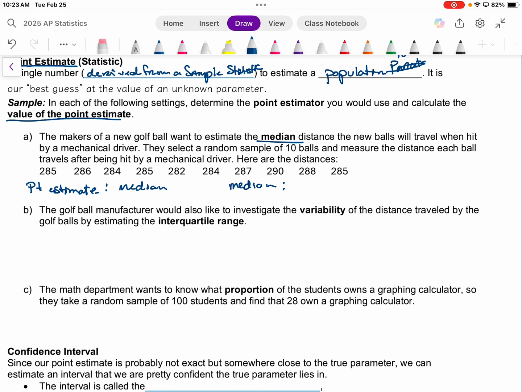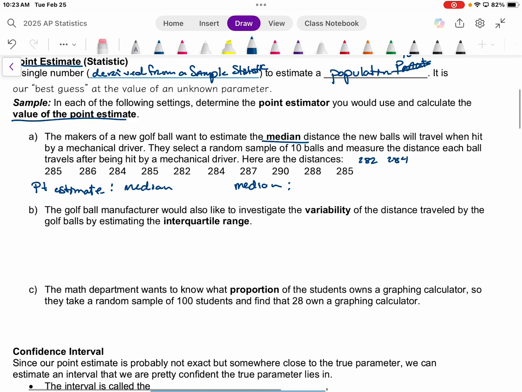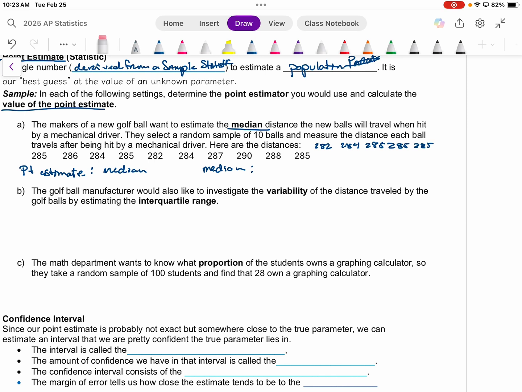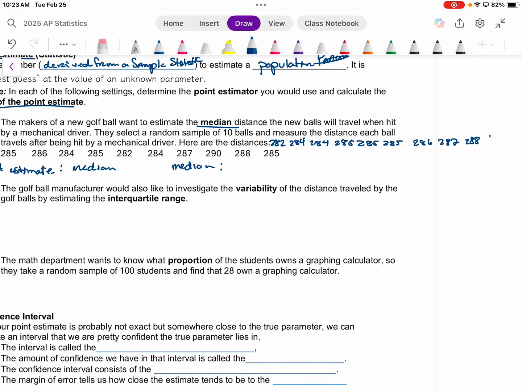If I list them in order, I think it goes 282, then 284, and there are 2 of the 284s, then three 285s, then 286 once, 287, 288, and 290. 1, 2, 3, 4, 5, 6, 7, 8, 9, 10.